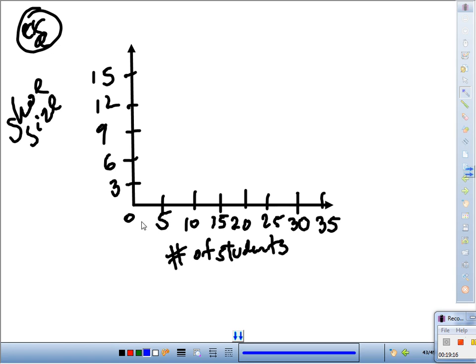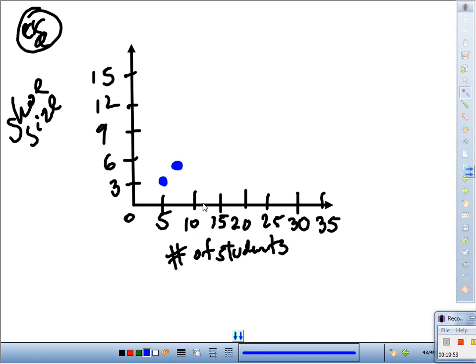Here we go. So, we're going to say that in my classes I have, let's see, 5 students at size 3. I have 8 students at size 5.